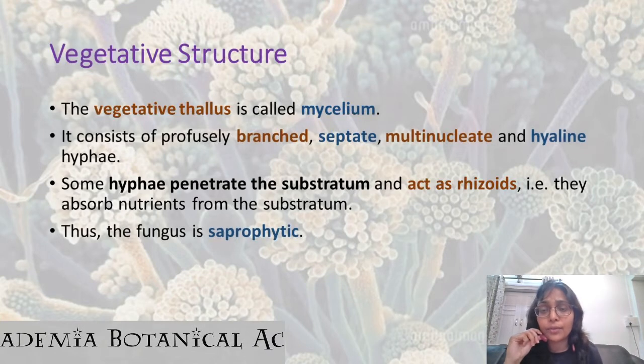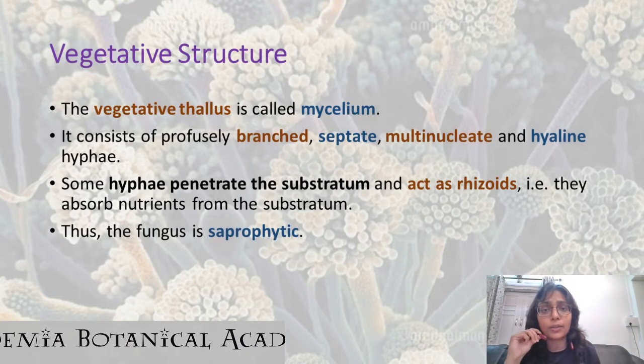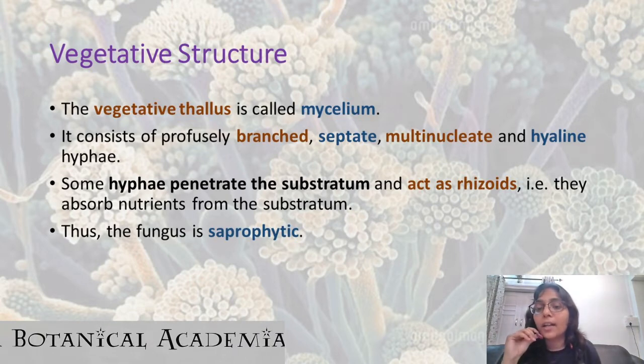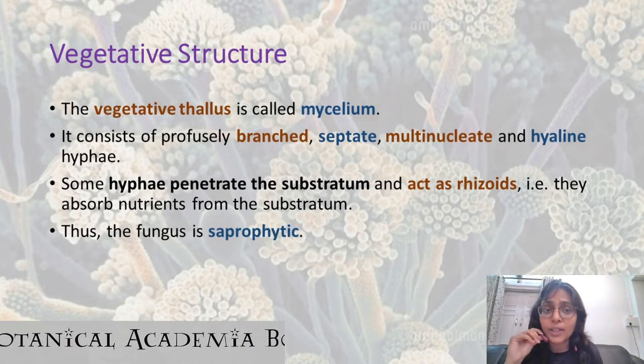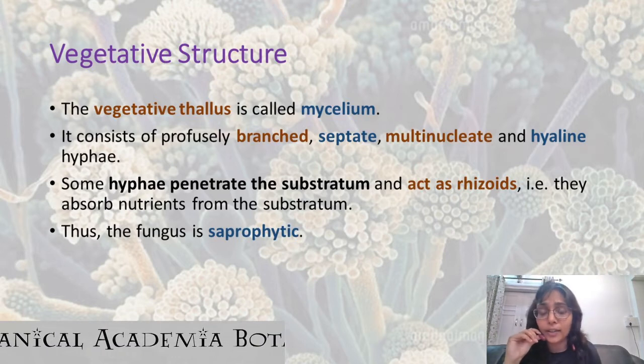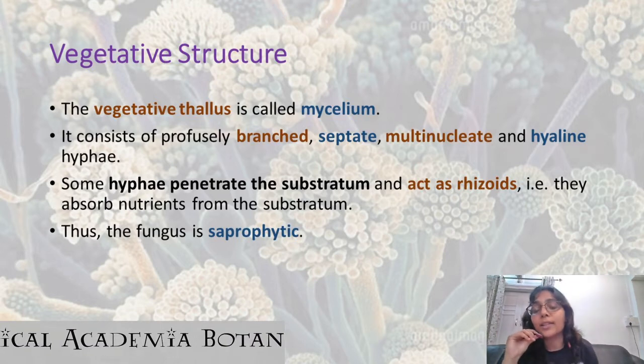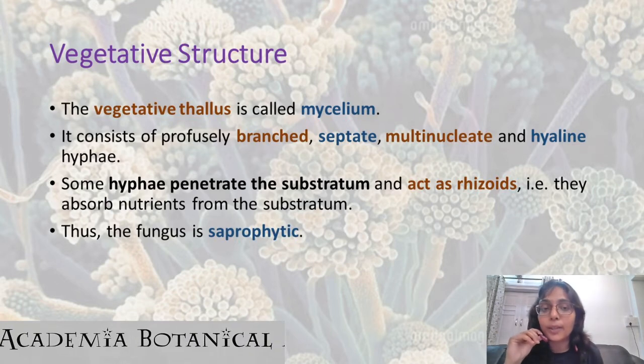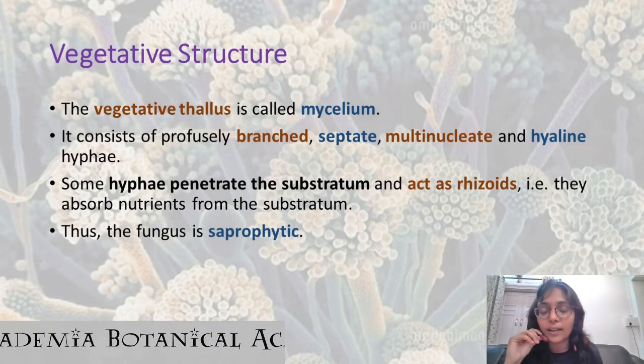Looking at the vegetative structure, the vegetative thallus is called the mycelium, same as in the case of Rhizopus. It consists of profusely branched septate multinucleate hyaline hyphae. Now the difference is that in Rhizopus the mycelium was aseptate, so it had cenocytic hypha.